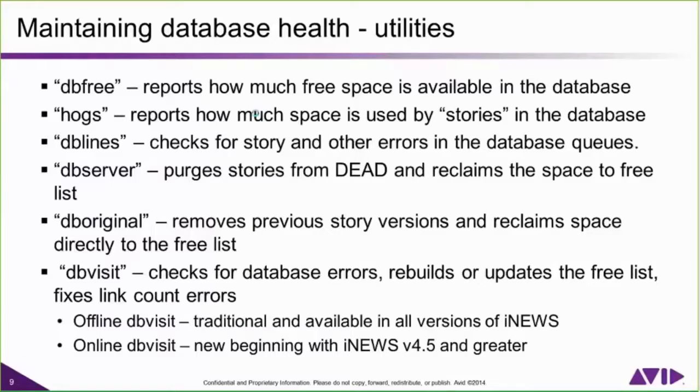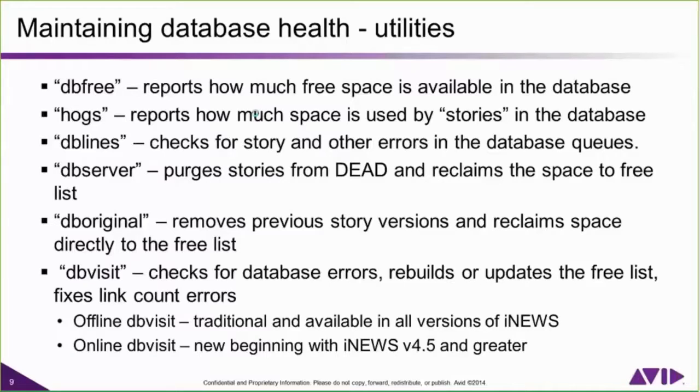DB lines is a program that checks for story errors and other system errors in the database queues. Again, this is a good command to run periodically just to check on the integrity of your data, your queues and your stories. DB server is a program that purges stories from the dead queue.